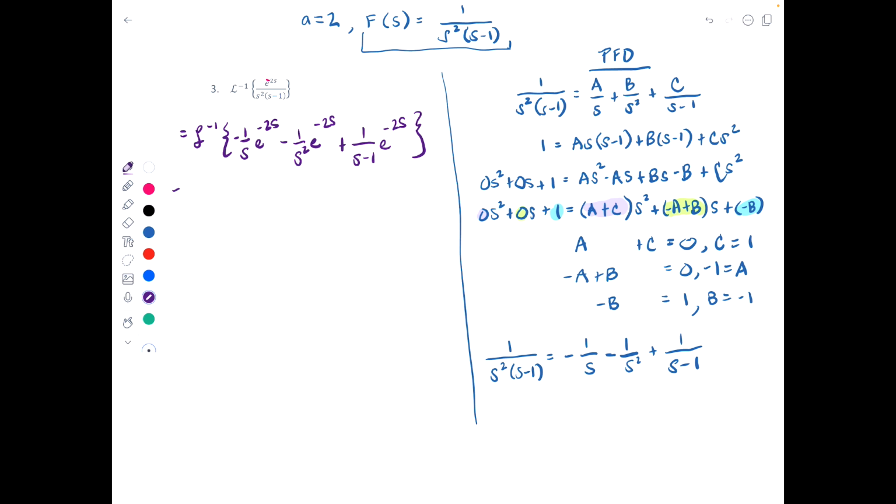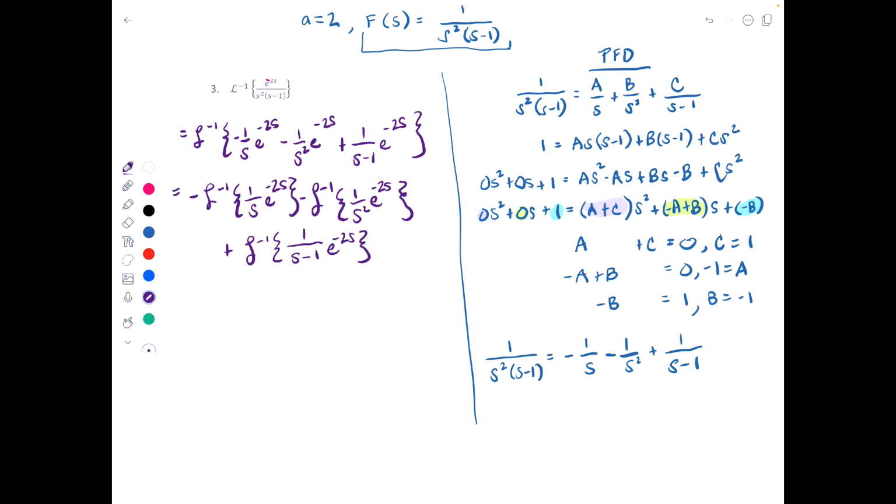So bringing that Laplace transform through and factoring out the negative from the first two, we'll have the inverse Laplace transform of 1 over s times e to the negative 2s, minus the inverse Laplace transform of 1 over s squared e to the negative 2s, and then plus the inverse Laplace transform of 1 over s minus 1 times e to the negative 2s.